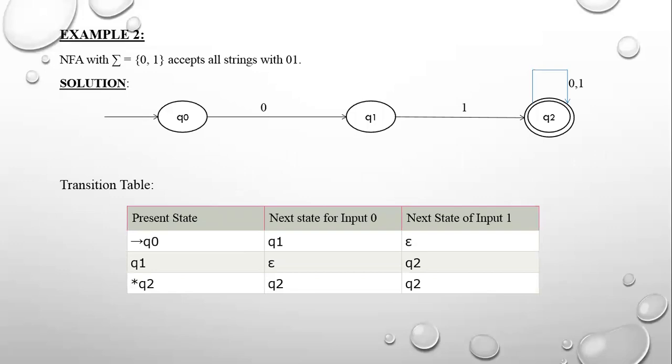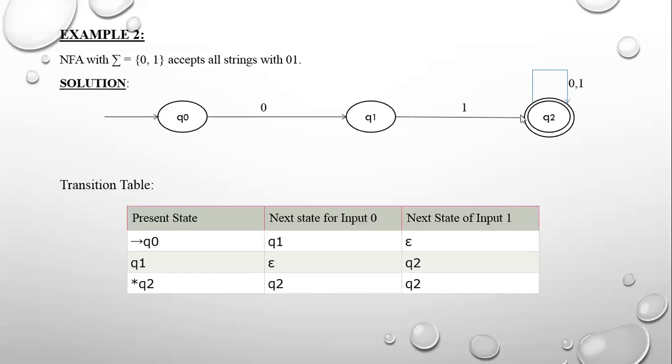Suppose let us take an example in the non-deterministic finite automata. Delta, sigma equals 0, 1, accept all strings with 0 and 1. Suppose we give 0 as the input in the initial state, it reaches Q1. With 1 it reaches Q2.